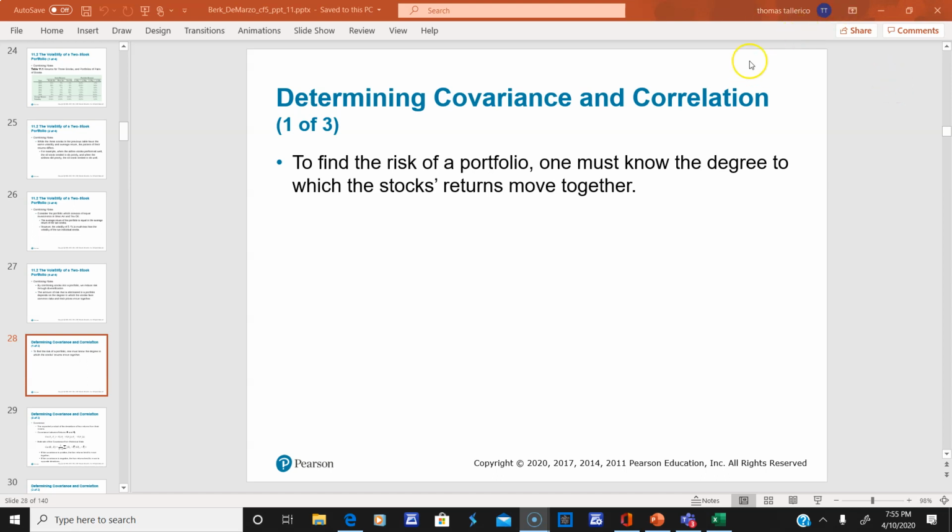So the big thing here is we're going to talk about covariance and correlation, which no one really ever likes to talk about, for a lot of reasons, because it's a little difficult. To find the risk of a portfolio, which we just looked at, one must know the degree to which the stocks' returns move together.